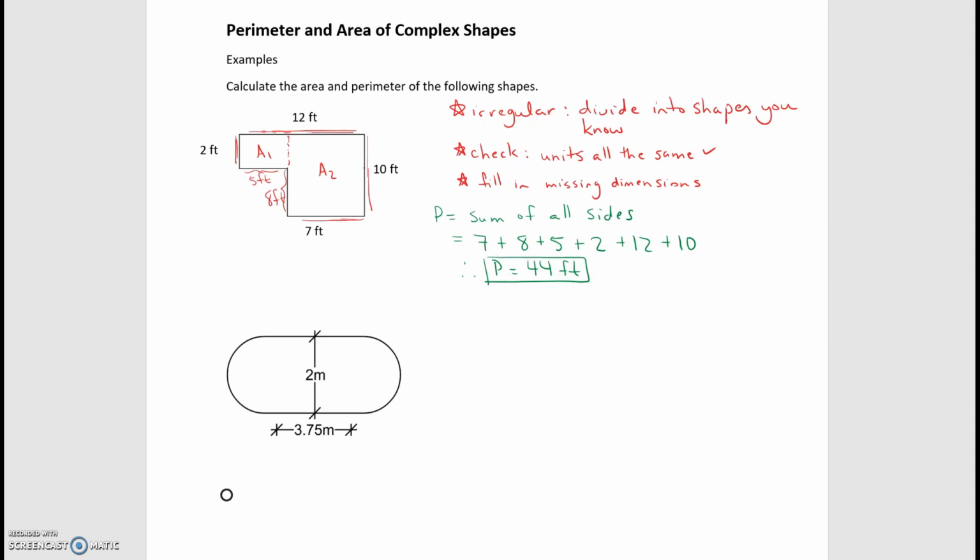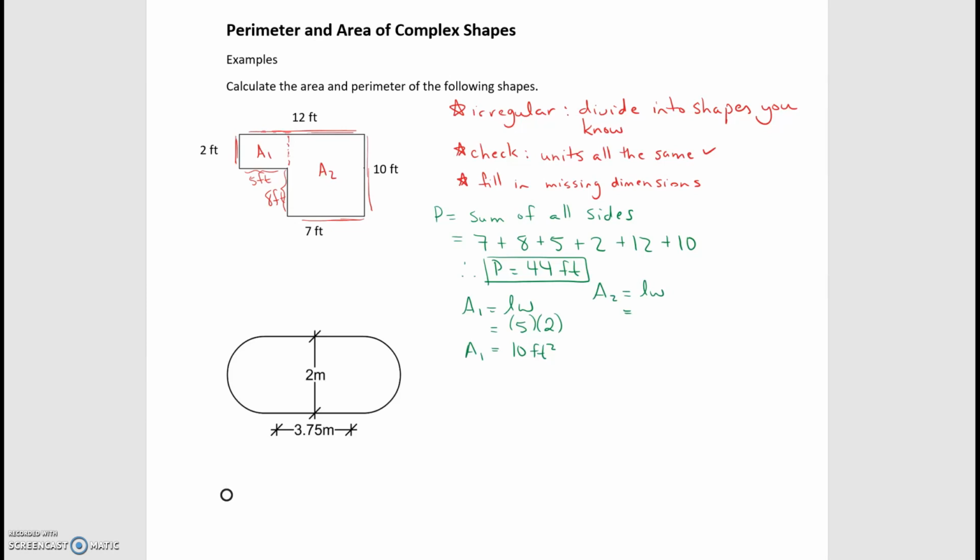Now when you're doing your area, remember we've split our area into area 1 and 2. So we'll do area 1 first. It's length times width. So the length of area 1 is 5 feet times the width of 2. So that's 10 feet squared. And area 2, again length times width.